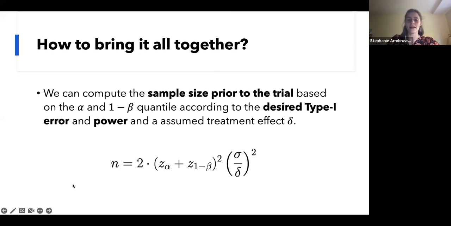And so here I gave you the formula on how to do it. It's based on the alpha, the type 1 error, and the 1 minus beta, the power. So both of these desired properties: I want to only make mistakes with a probability of alpha, and I want to make a proper conclusion with a probability of 1 minus beta, the power.